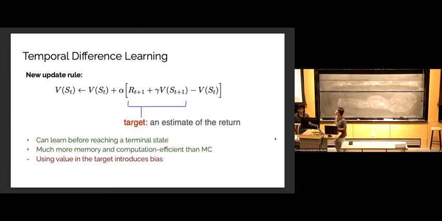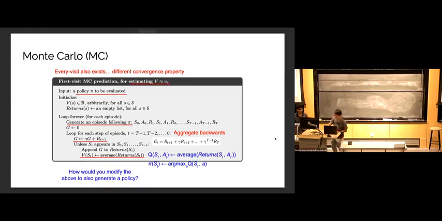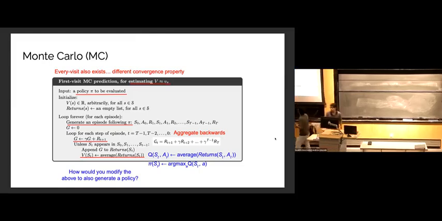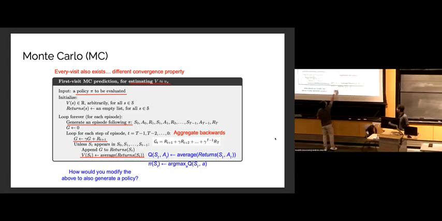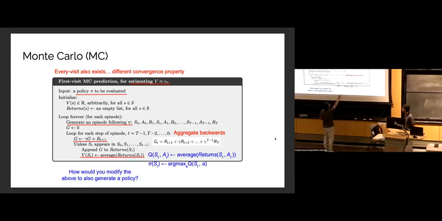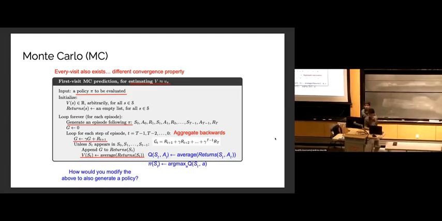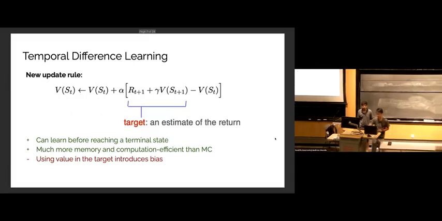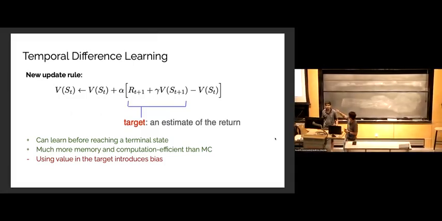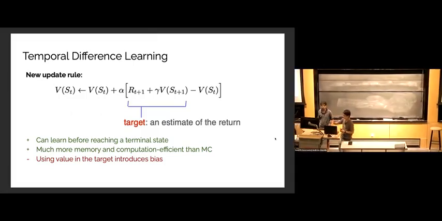Basically, temporal difference learning is that, for the previous slide, we can say that Gt equals Rt+1 plus gamma Rt+2 to the end. And we are basically replacing the gamma Rt+2 to the end with the value function at state t+1.